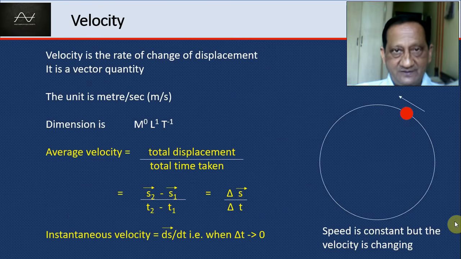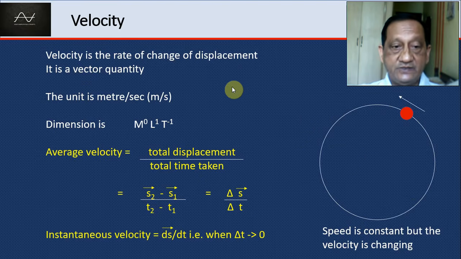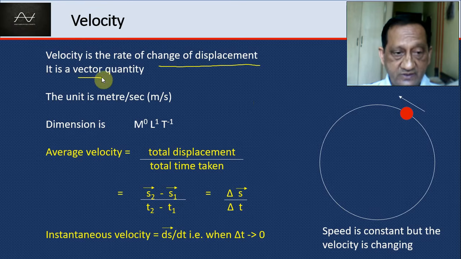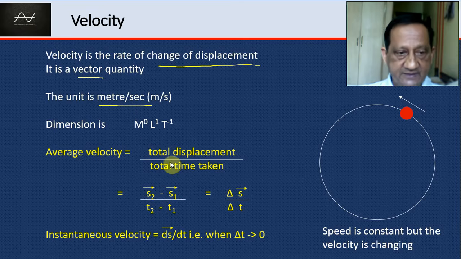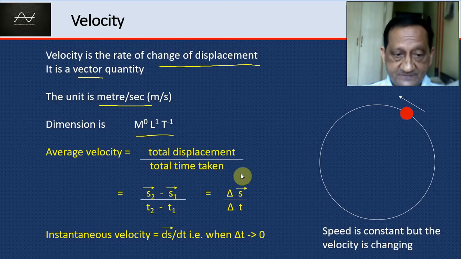Now, velocity. Well, simple. Velocity is a vector, which means magnitude and direction. So it is not rate of change of distance, but rate of change of displacement with time. It's a vector quantity, but the unit is still meters per second, magnitude is still meters per second, dimensions are still the same as speed. The only thing we have added is the direction concept.